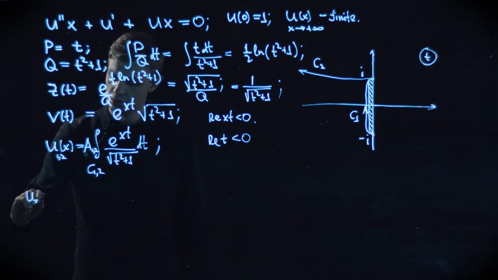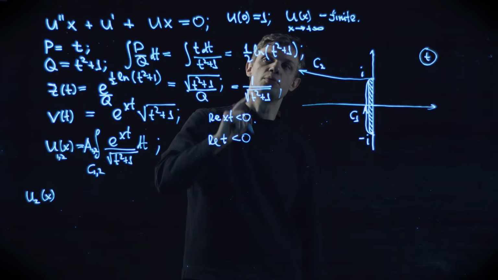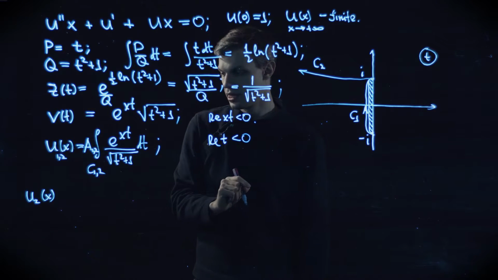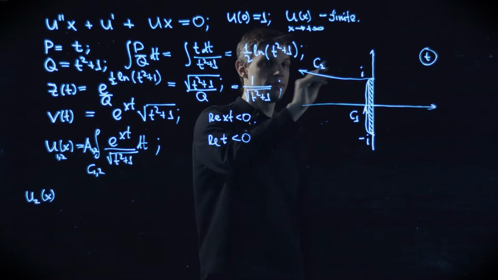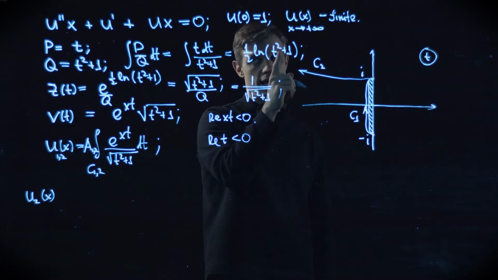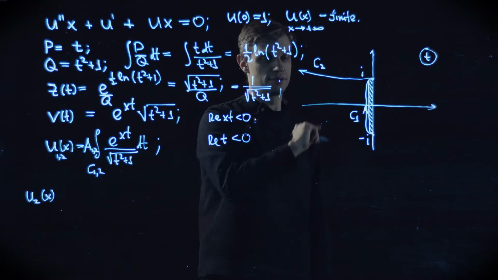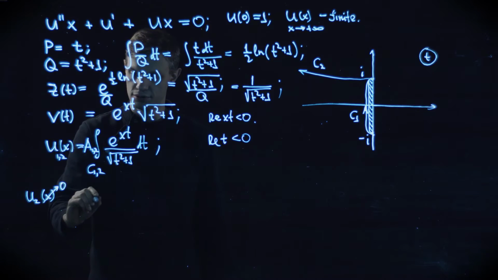U2 of x. So we are interested in the solutions which are bounded at the origin. Let's try to figure out how this solution U2 of x, defined by this contour C2, behaves at small x, or actually x is equal to 0. So suppose x is equal to 0.